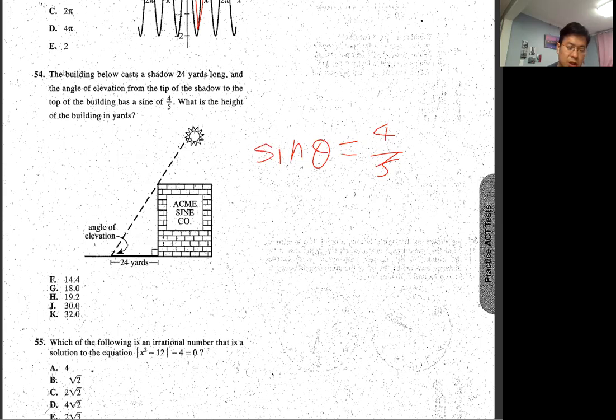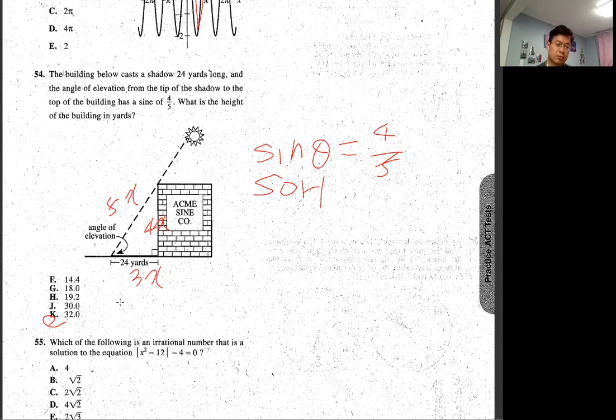So sine is opposite, 4x, over hypotenuse, 5x. It's a 3, 4, 5 triangle, so this is supposed to be 3x. Then x is 8, and 8 times 4 is 32.